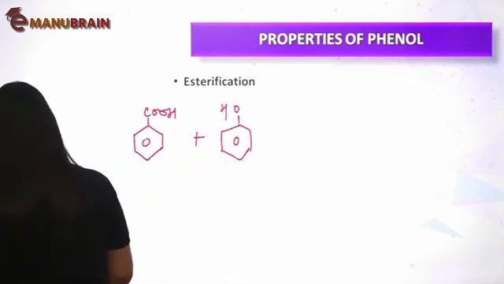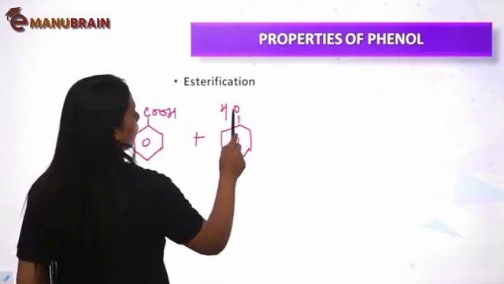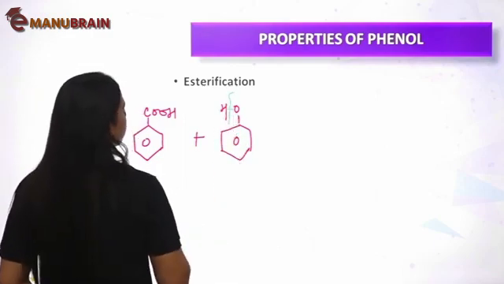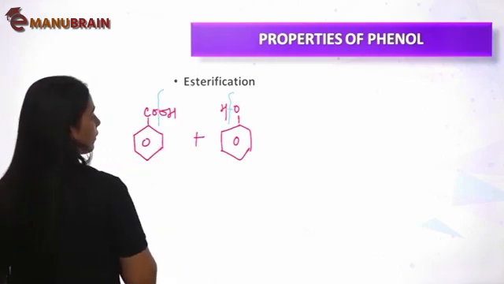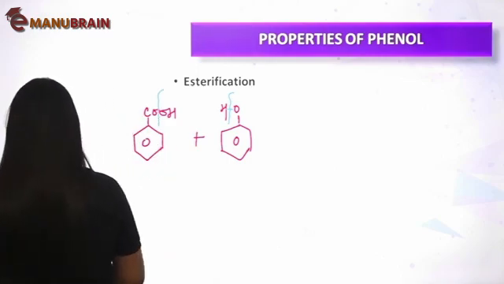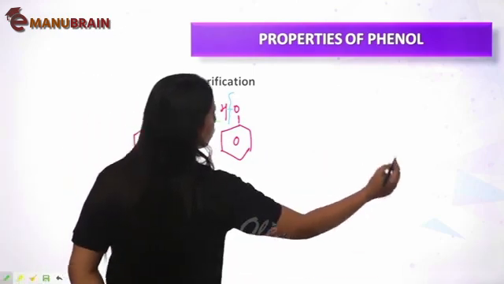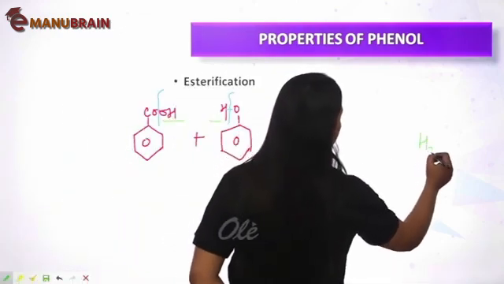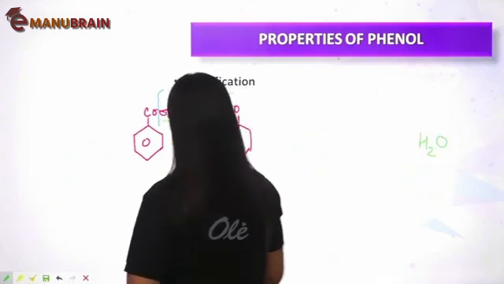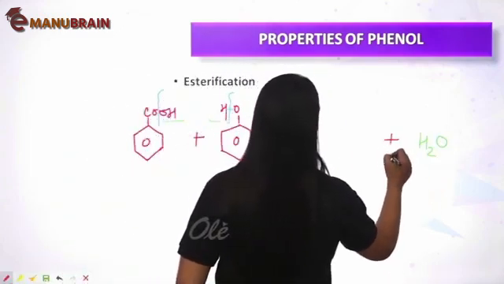So what happens is that the OH bond breaks from this side and the COOH bond breaks from this side. So this OH and H combine to form H2O. Okay, and the rest part is your ester.